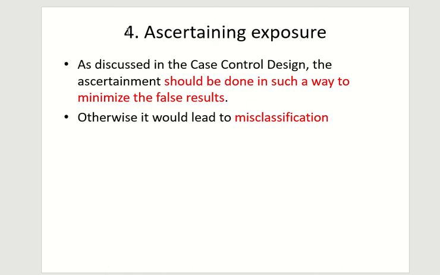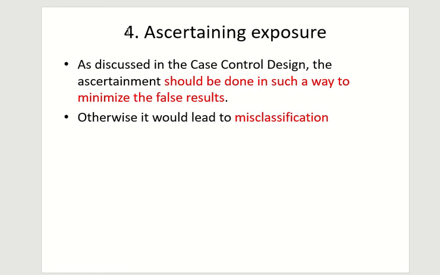Meaning someone who is exposed, you did not catch that they are exposed, so you misclassify that person as not exposed, and vice versa. Or someone who actually developed the side effects, however you fail to capture the side effect, and therefore you label that person as not with side effects, and that would also be a misclassification.